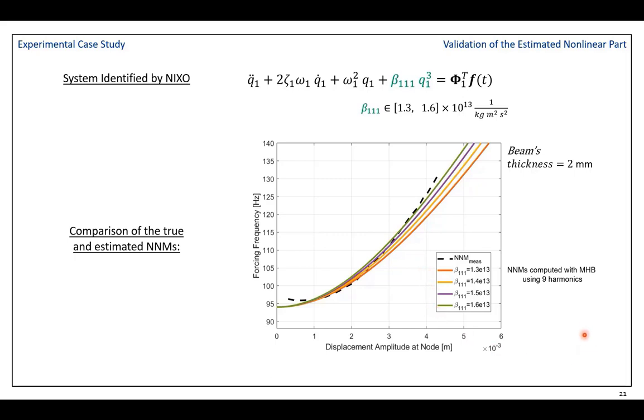The curves are computed with the MHB software using 9 harmonics. They are further compared to the NNM backbone measured experimentally, as illustrated in the chart. As we can see, the prediction matches the experimental measurements to a satisfactory extent. However, there are still some spots where the match could be better.